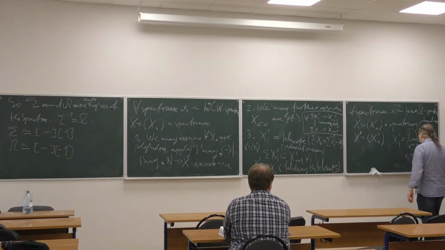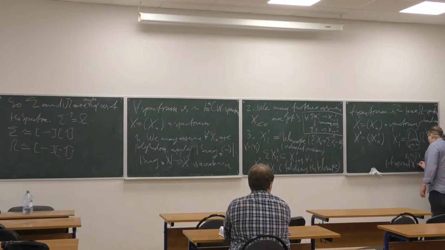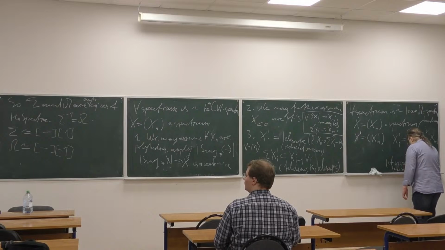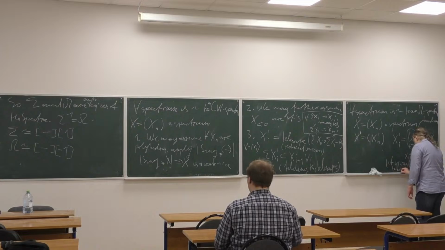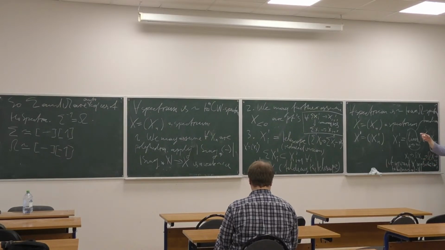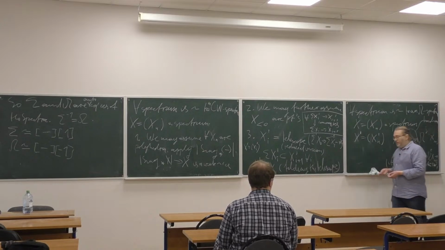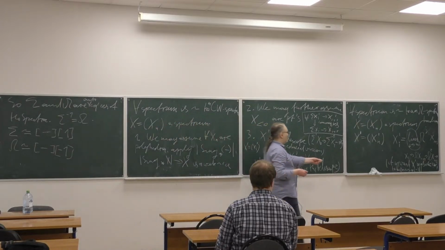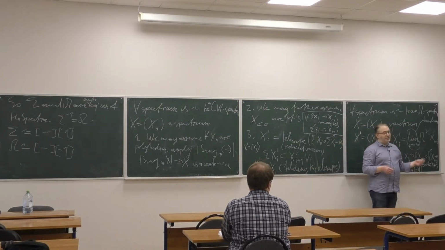So if we want the result to also be a CW spectrum, which would imply it's also cofibrant, not just fibrant, we could replace all spaces by their CW approximations.